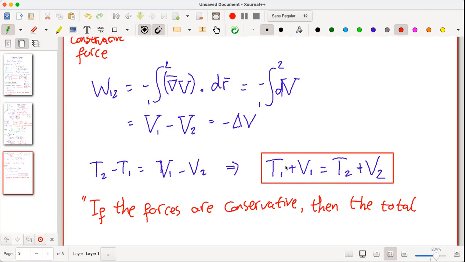Even though the kinetic energy or the potential energy individually are different from time to time, the sum of the kinetic plus potential is the same all the time. So this is constant, right? So now the total energy is conserved, and this is what we call the conservation of energy.